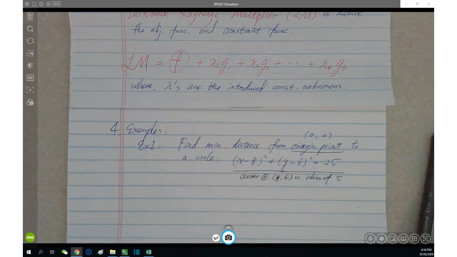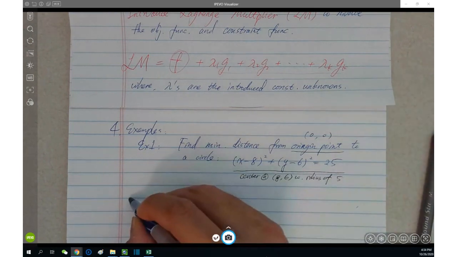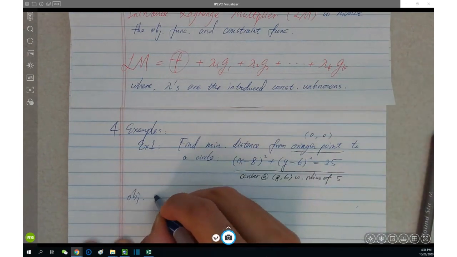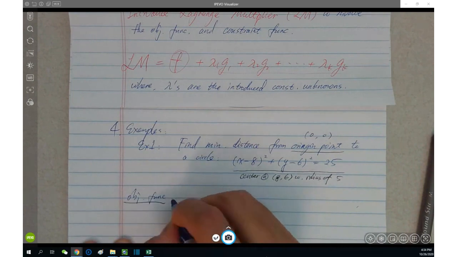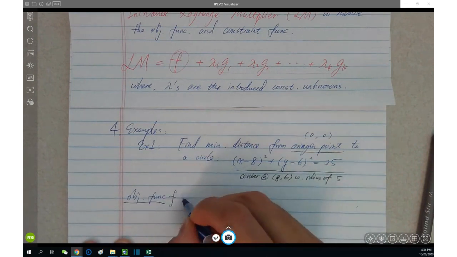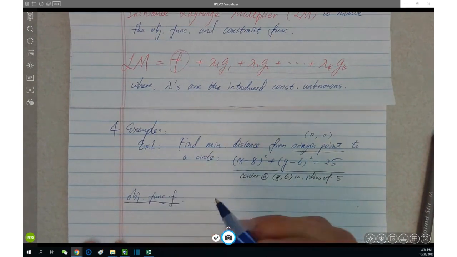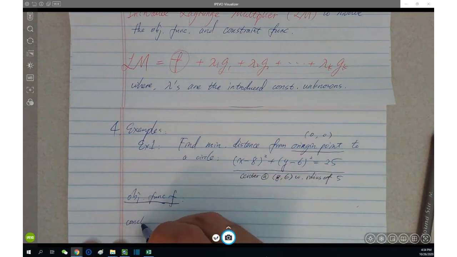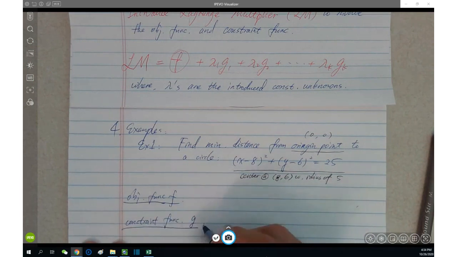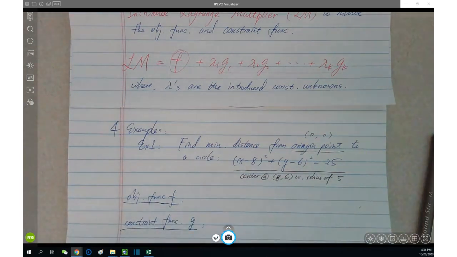So first of all, the objective function f is whom? Second, the constraint function g is or are whom?